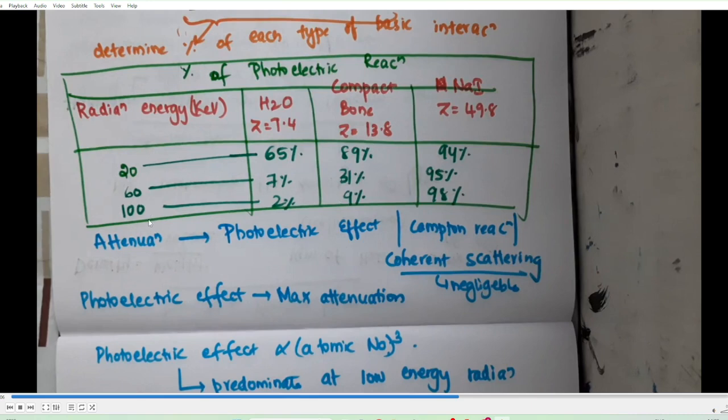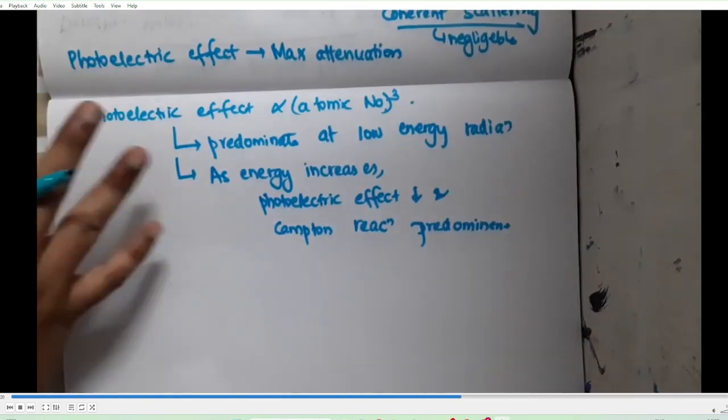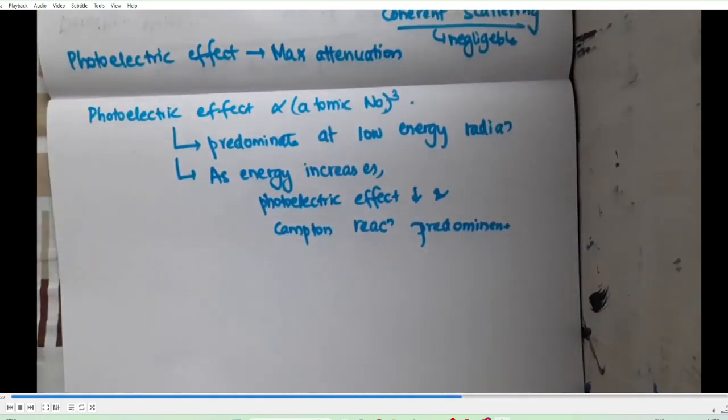As the radiation energy increases, the photoelectric effect decreases, meaning that the Compton scattering becomes more important until eventually the Compton scattering completely replaces the photoelectric effect, and Compton scattering becomes the predominant interaction.